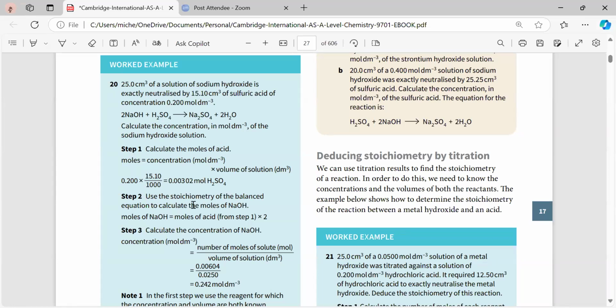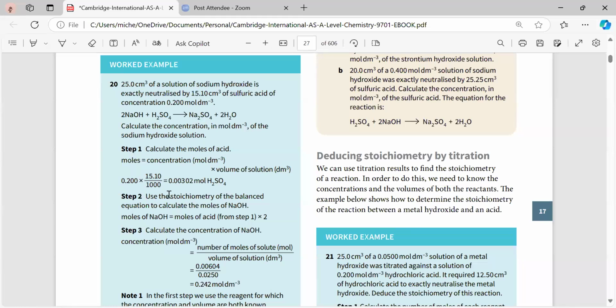So here are a few steps. Step one, we need to calculate the moles of the acid. Moles is concentration times volume. Here we have sulfuric acid with a volume of 15.10.